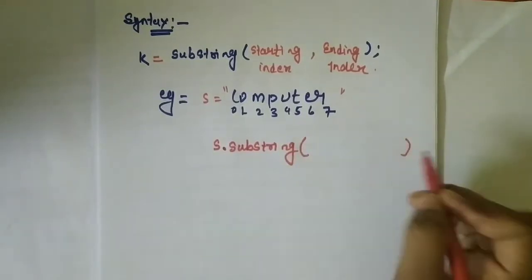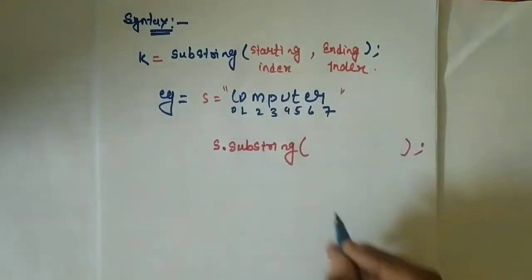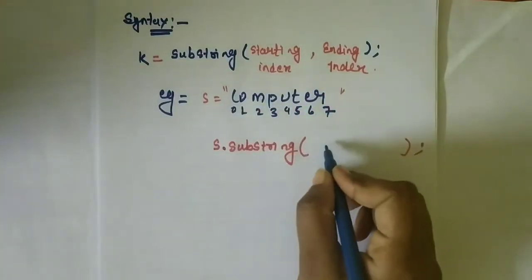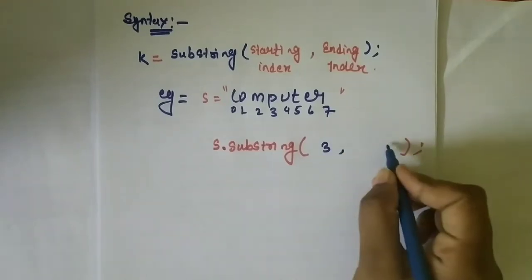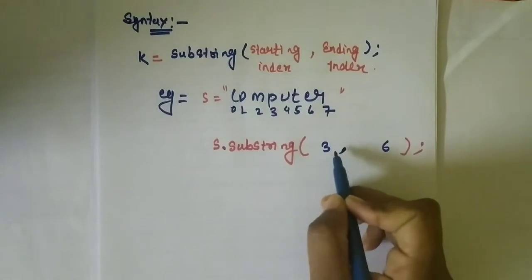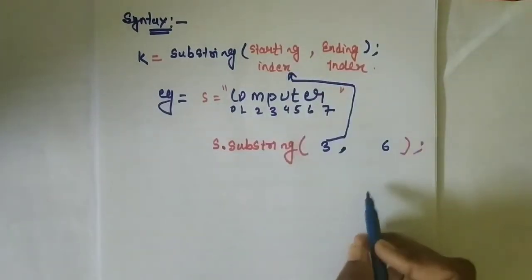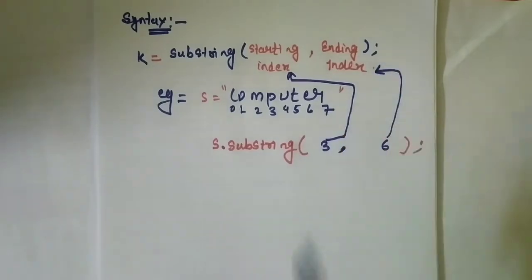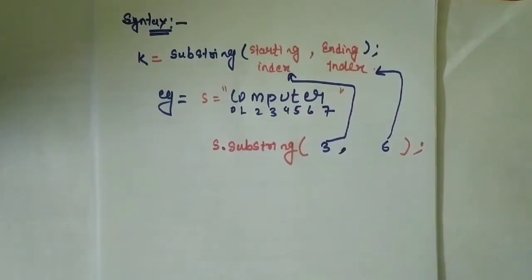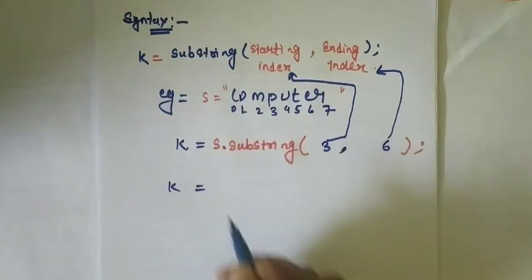In this bracket we can write two values, that means starting index and ending index. Suppose randomly I write here 3 and 6. That means 3 is the starting index and 6 is the ending index of that string. So what is the value of k?